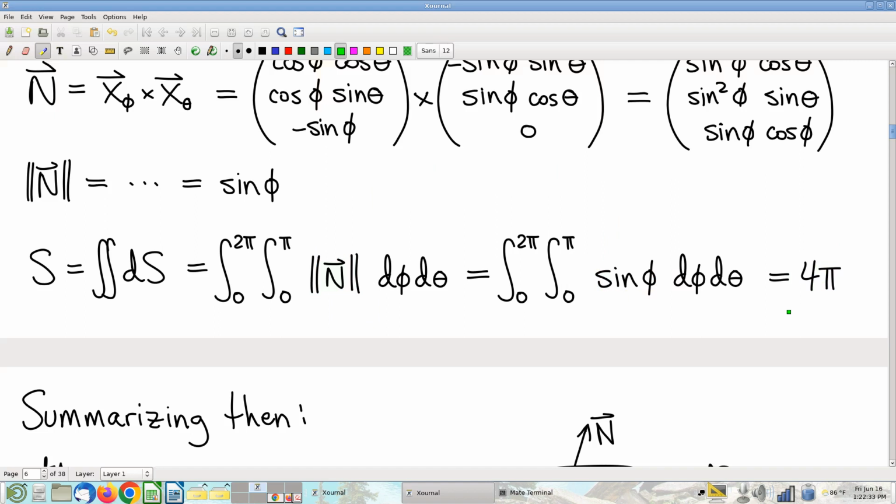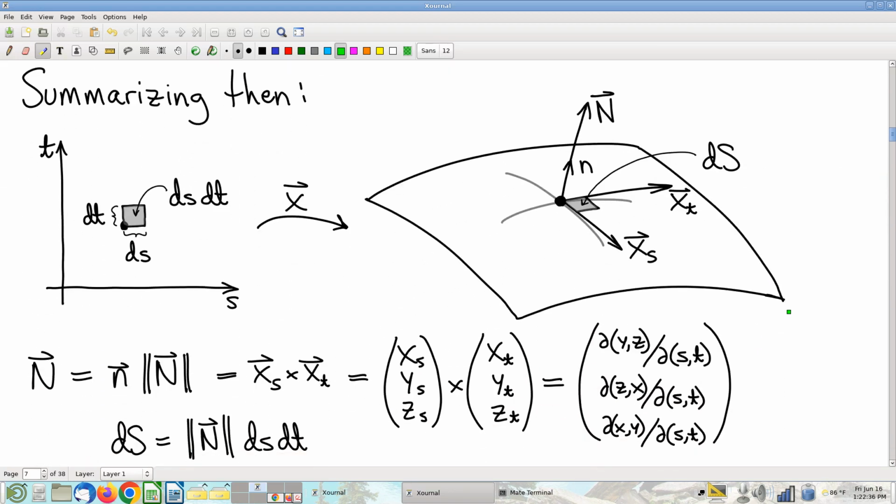Okay, so now this next page, or at least this top part of the next page, is just kind of a summary of all the participants in this conversation that we just had, the players in this little story that we've just discussed. So in general, when you have a parameterization, you have input parameters, right? And that gives rise to coordinate curves, whose velocities we can talk about.